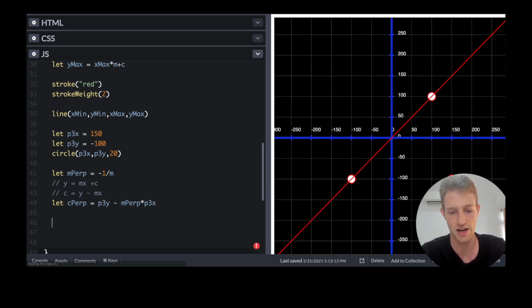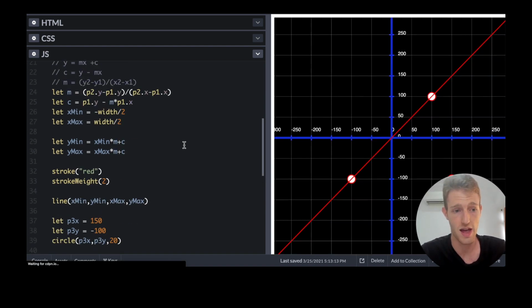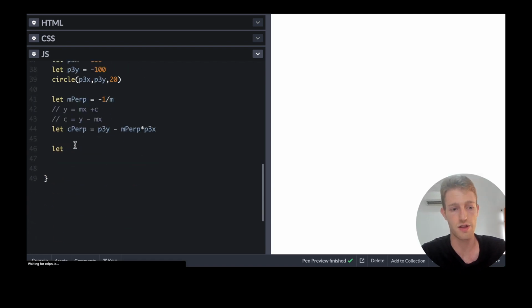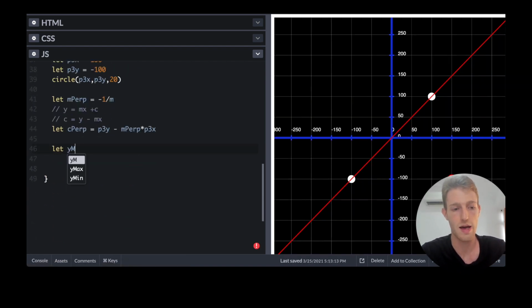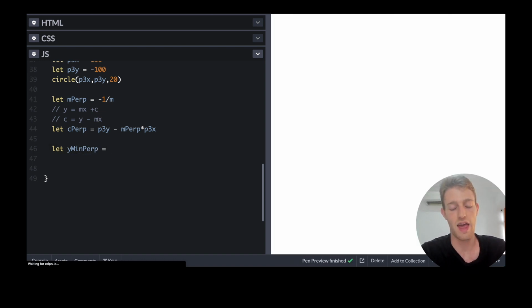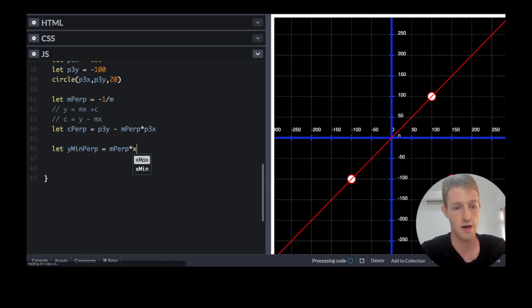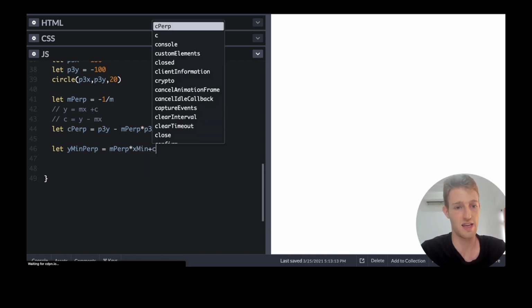Let's go ahead and check it out. We already have x min and x max, so let's just find our new y min, y min perp. That's going to be equal to m perp times x min plus c perp.